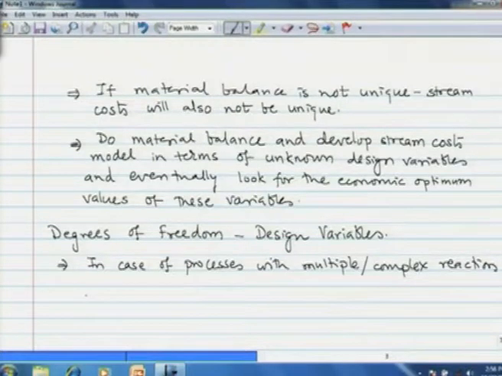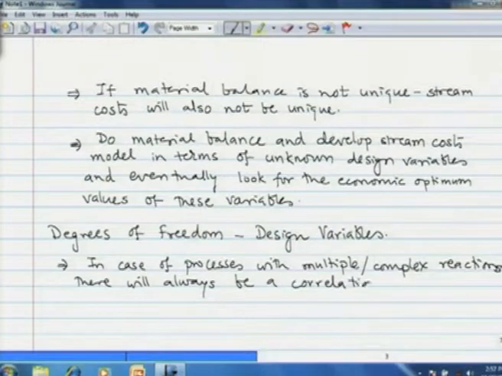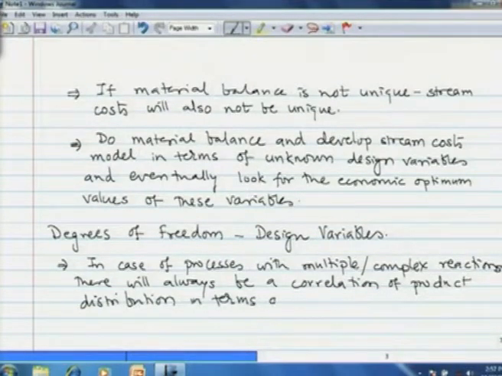Okay. So, that point we note: in case of processes with multiple or complex reactions, there will always be a correlation of product distribution in terms of process variables or design variables, that we can also say.